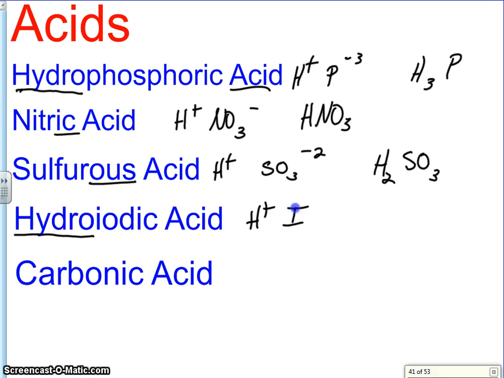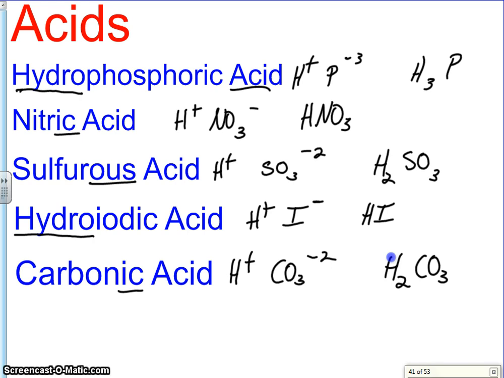Hydroiodic tells us iodine, which is I -1, cross and swap, HI. We just did carbonic acid, but we'll do it again. No hydro tells us polyatomic ion. Ic says it came from ate, so CO3 -2 is carbonate. Hydrogen out in front, H2CO3. And that's about it for acids, guys.